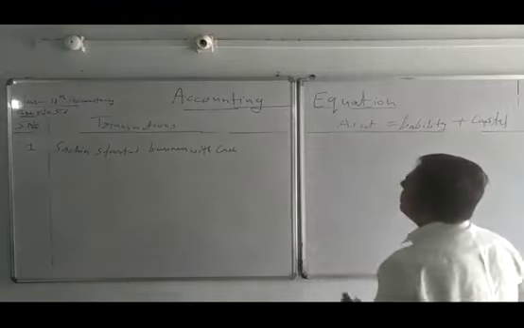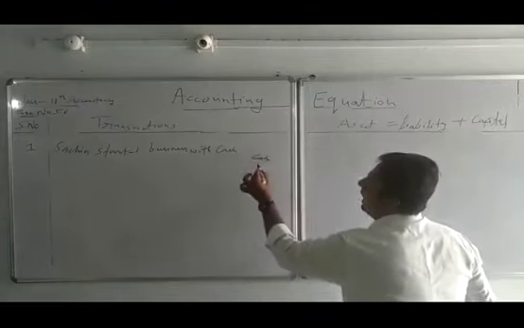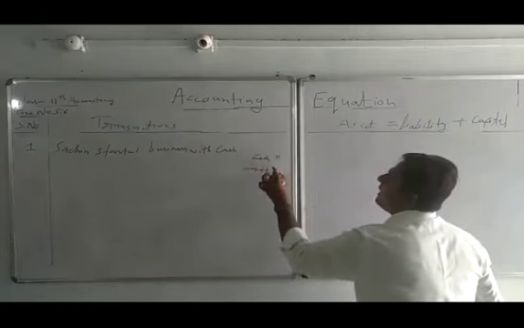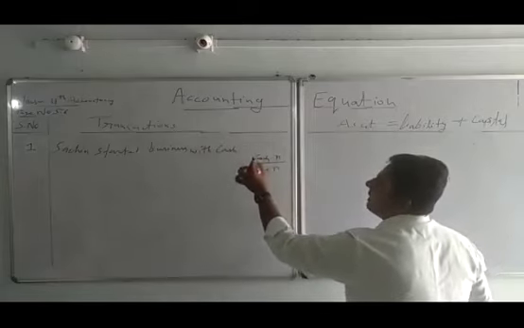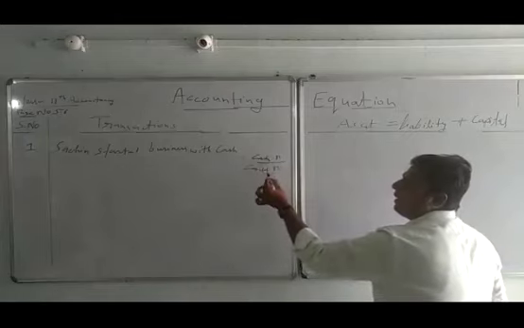Sachin started business with cash, so it is impacting two things: one is cash and one is capital. Both are increasing. Sachin has started the business, so he put money into the business, so cash increased and capital also increased.